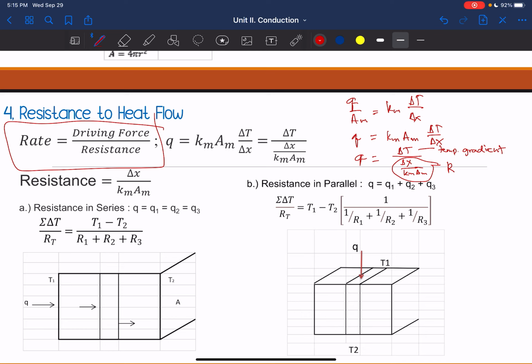So, if you have a resistance in series, it will just be very easy because your Q is equal to Q1, Q2, Q3. So whatever heat flows here, since we're dealing with a steady state, yung amount of heat rate that comes in with the first slab will just be equivalent to the one entering the second up to the third. Take note, we say it is for steady state because there would be no heat losses across the medium.